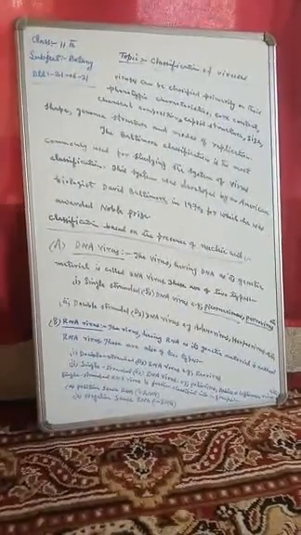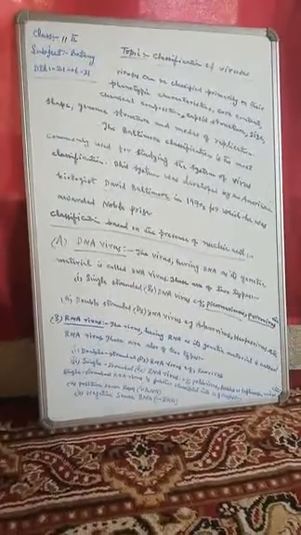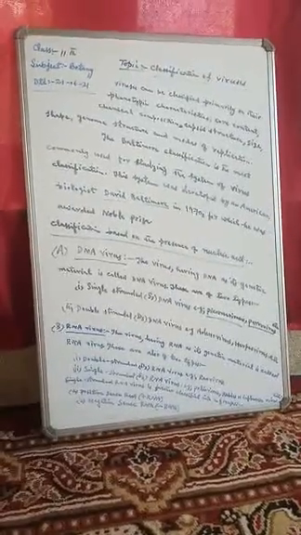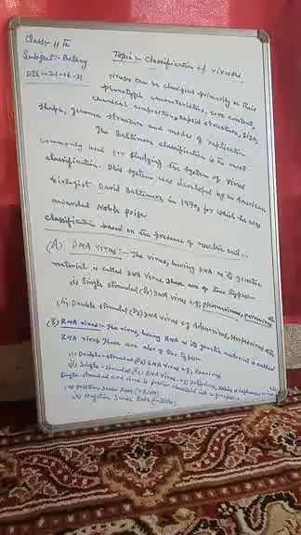So dear students, you should now understand that the classification of viruses has been made by the famous American biologist Baltimore, and this Baltimore classification is primarily used for the classification of viruses.